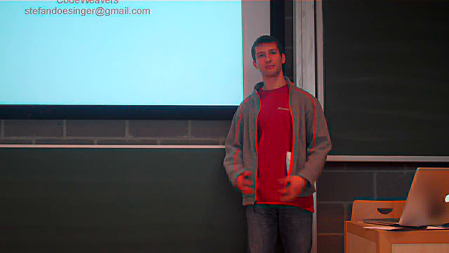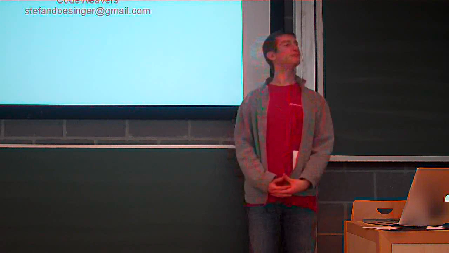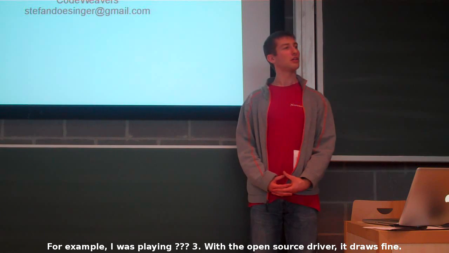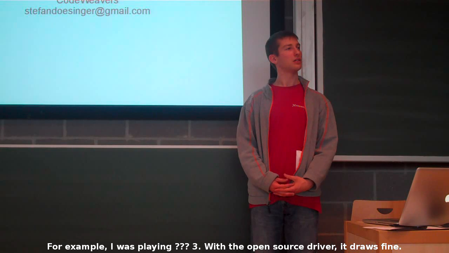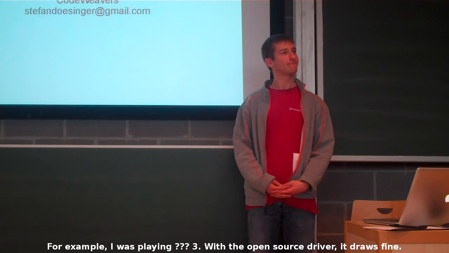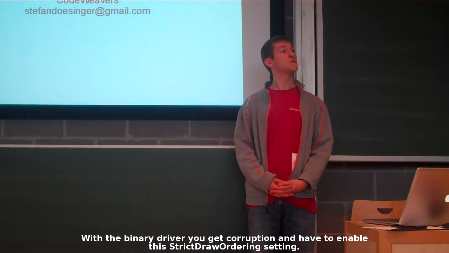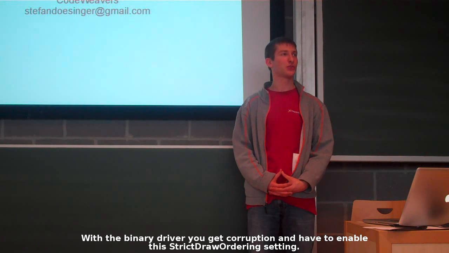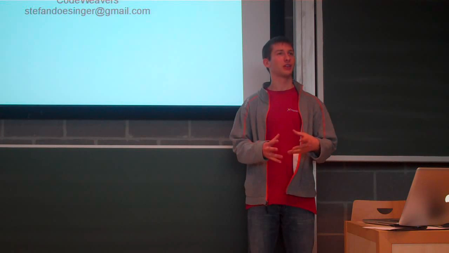Any questions? Yeah? What about the strict draw ordering? For example, I was playing Assassin's Creed. With the open source driver, the Radeon, it draws fine. The binary driver, you get corruption, and you have to enable the strict draw ordering, which enables draw ordering across contexts. We want a worker thread for that, so we can sync.